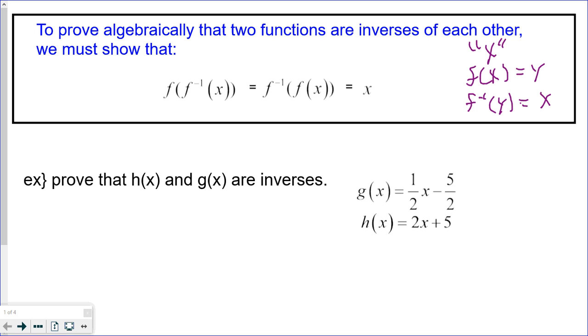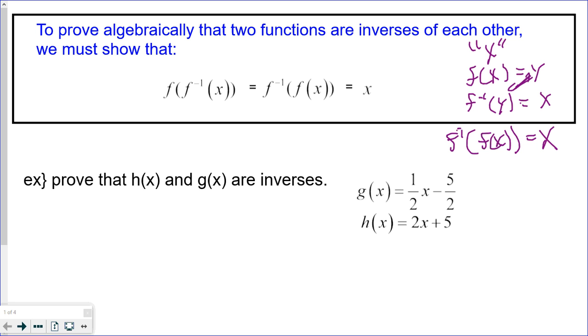See how I plugged y into the inverse function and it takes me back to where I started. Another way of saying y is to say f of x, right? So another way of writing this is f inverse of f of x equals x.